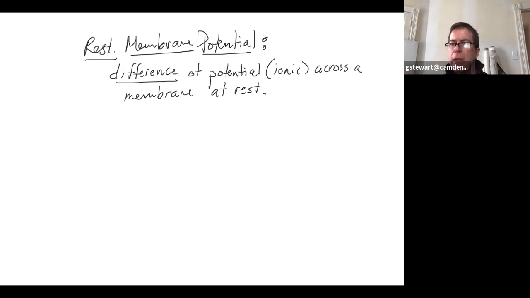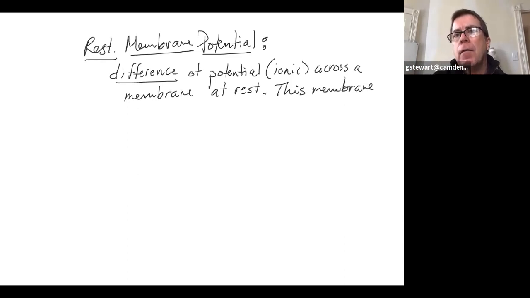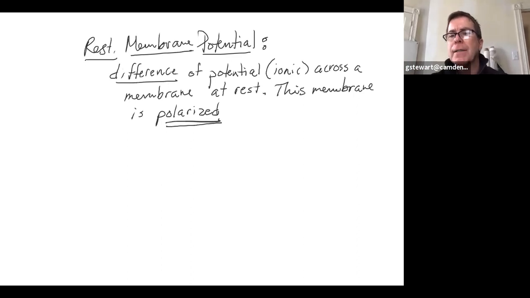So this membrane, we say, is polarized. Let me write that. This membrane is polarized. That means that there's opposite charge from one side to the other. This polarization occurs only along the edge of a cell.